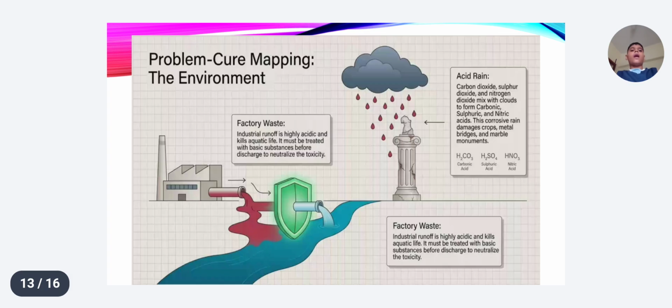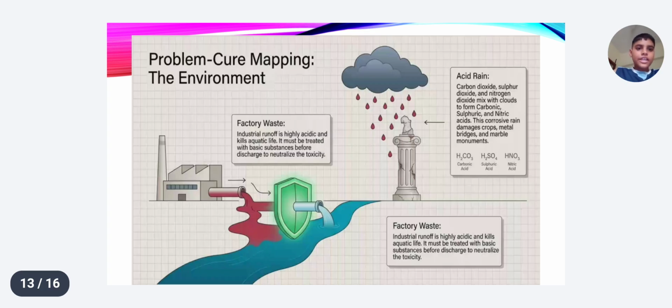Problem curing mapping the environment. We have learned about two. Okay. Acid rain: carbon dioxide, sulfur dioxide, and the nitrogen dioxide mix with clouds to form carbonic, sulfuric, and the nitric acid. The composed rain damages crop, metal bridges, and the marble monuments.